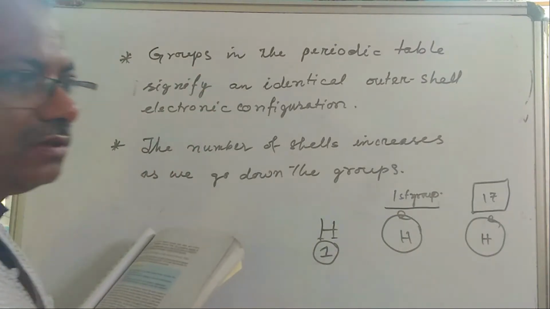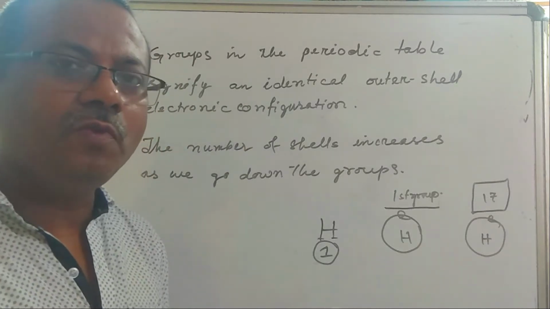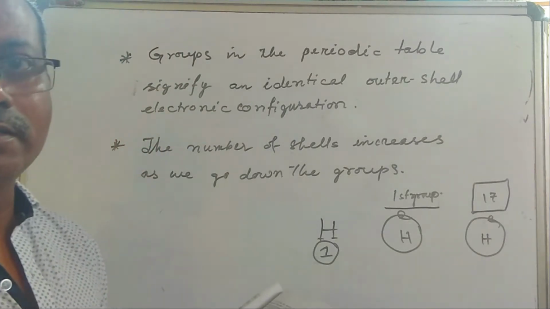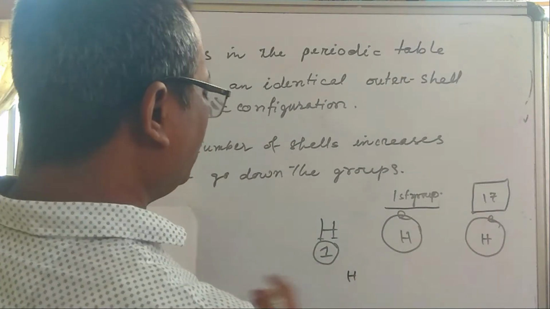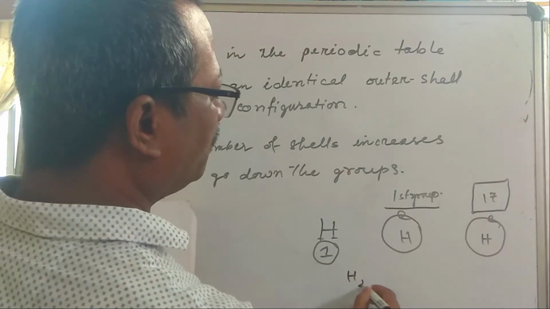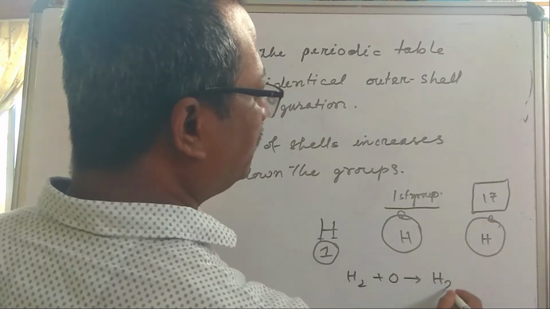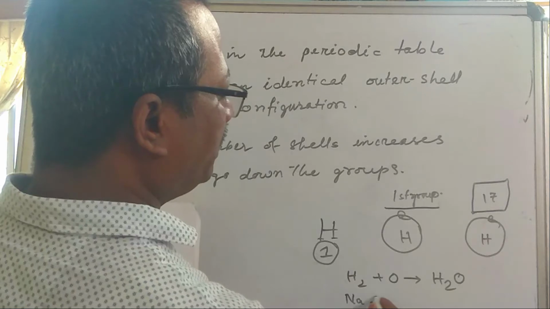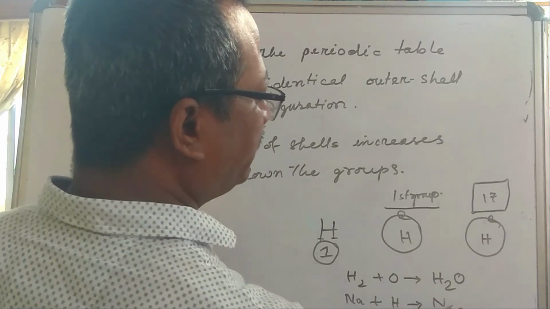Hydrogen shows both metallic and non-metallic characteristics. Hydrogen, when it reacts with oxygen, produces water, and when it reacts with sodium, it produces sodium hydride.